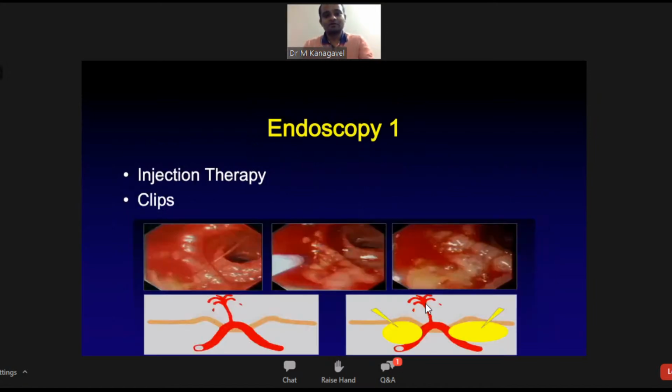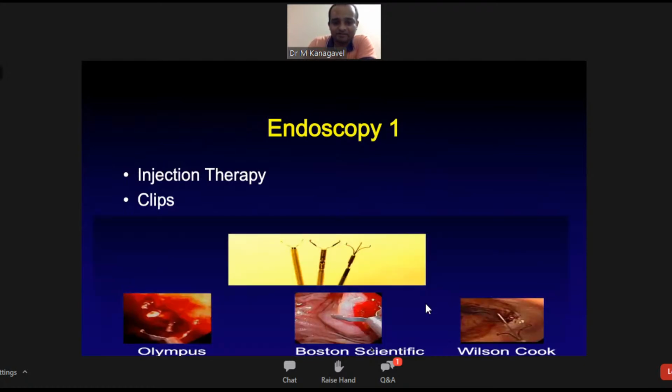Okay, so I have demonstrated 2 therapies. One is injection and one is clips. The injection works by tamponade and clips by mechanical compression. There are various clips available which are comparable to each other with some difference in the price.